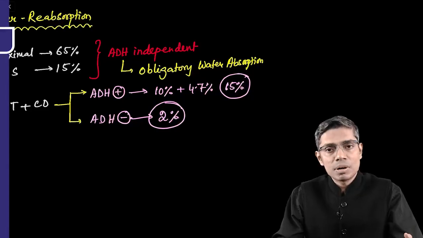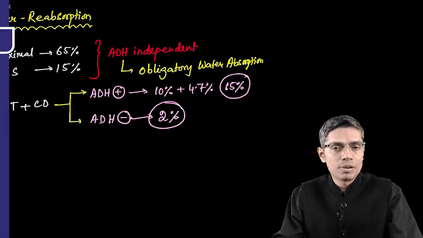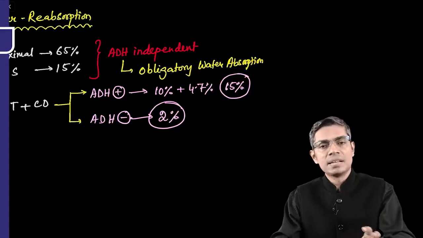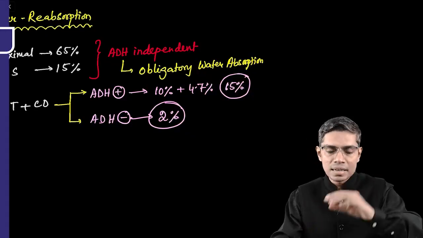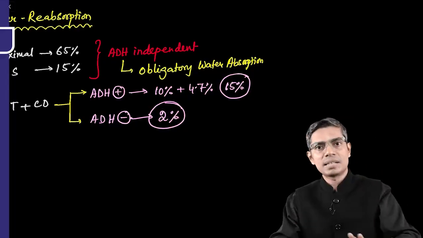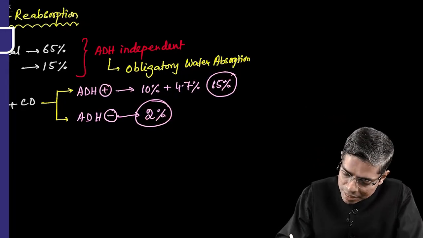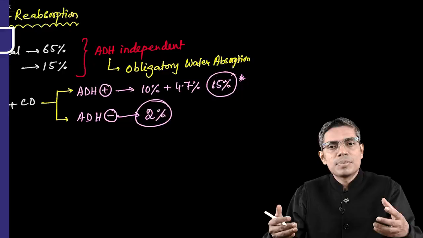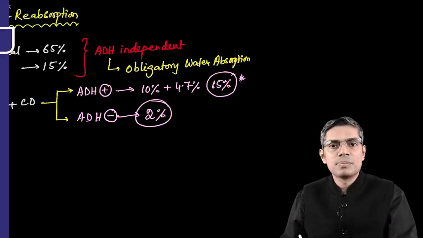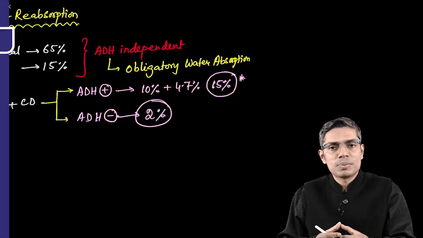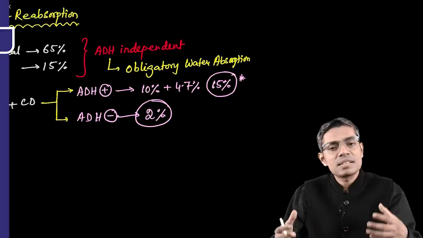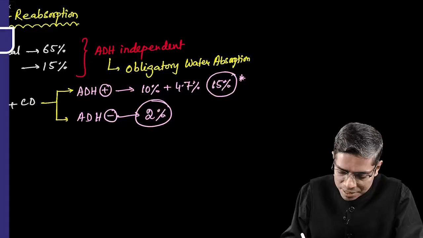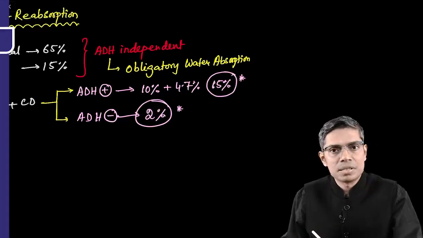A huge amount of water loss will occur if ADH is not there. But if ADH is there, it will increase the water reabsorption at the level of the DCT and collecting duct. But even after the increment, how much maximum water can be reabsorbed in the presence of ADH? That is 15%. The total amount of water reabsorption from the distal tubule and collecting duct is 15%, and if ADH is not there, only 2%.